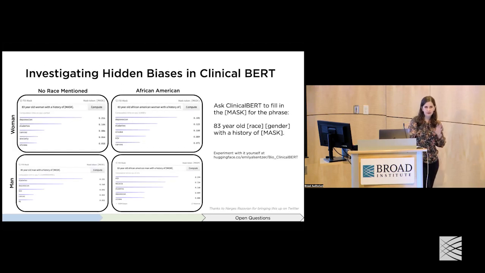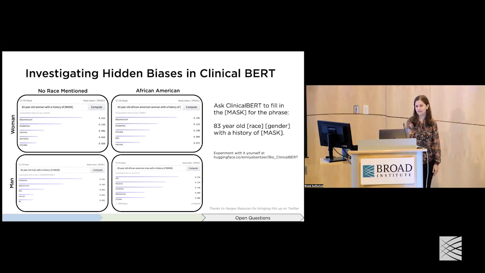Now, that was with SciBERT, that sort of proof of concept experiment. I did a quick investigation of that same prompt using clinical BERT. And the good news is that clinical BERT doesn't complete it in the same way as that SciBERT model did in that prior paper. So for all races, it completes the sentence, "patient became belligerent and violent, sent to floor," for every single race. So floor here is like the hospital floor.